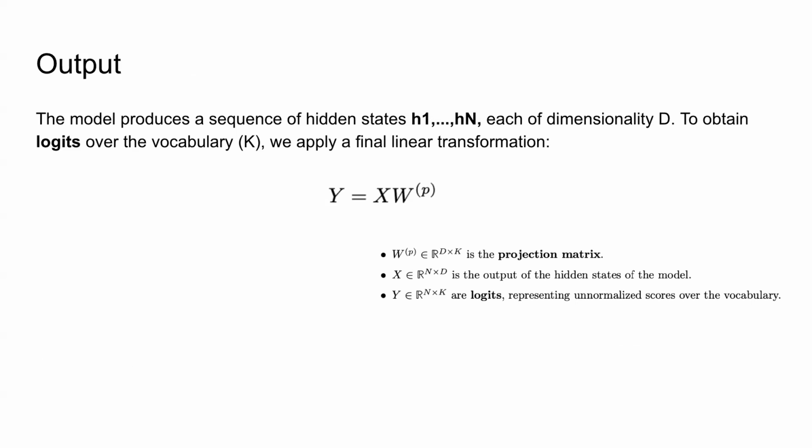And the output, as we talked about in the start, is just the distribution among the logits. The logit size is the vocabulary size. And here is just a very simple expression of how it works.